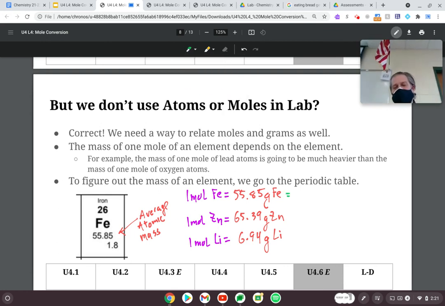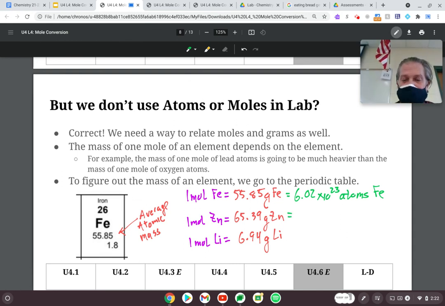Now, to go one step further, if I measured out 55.85 grams of iron, and I told you that was 1 mole of iron, how many atoms of iron would I have? Anybody? It would be the same as the number from before, which would be 6.02 times 10 to the 23rd atoms of iron.